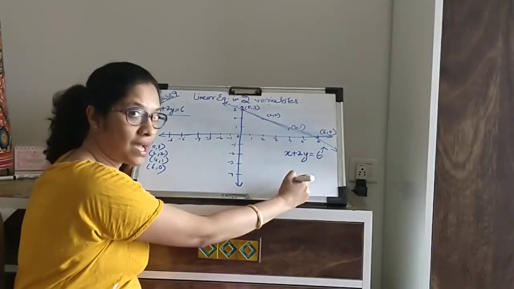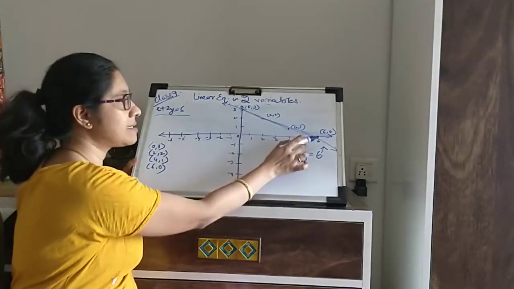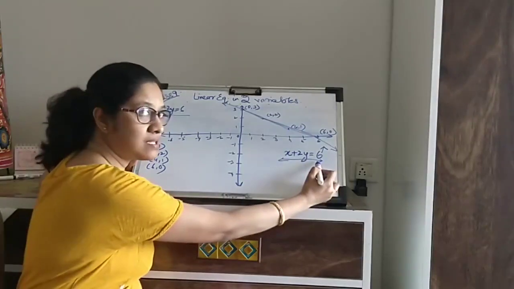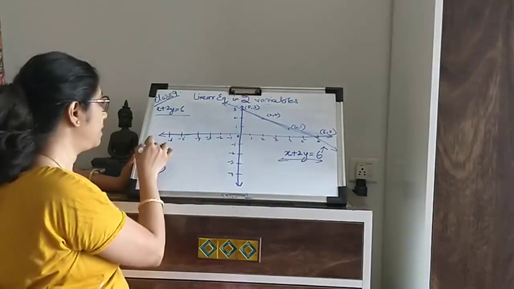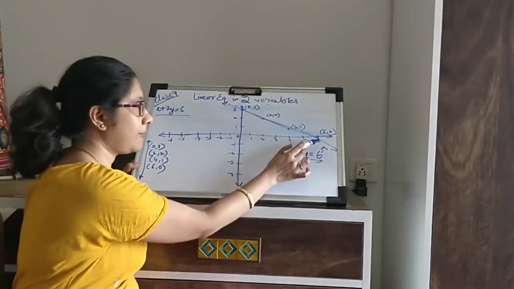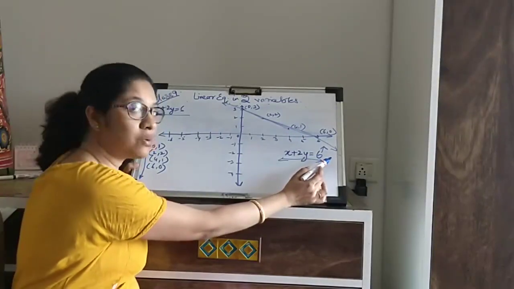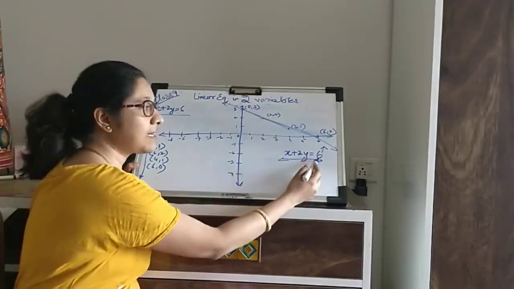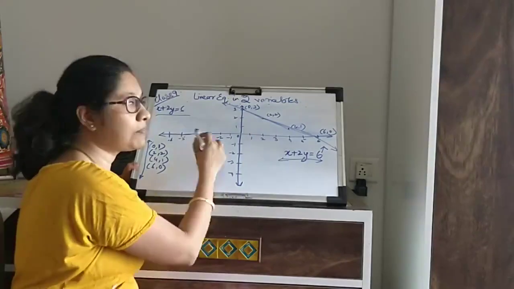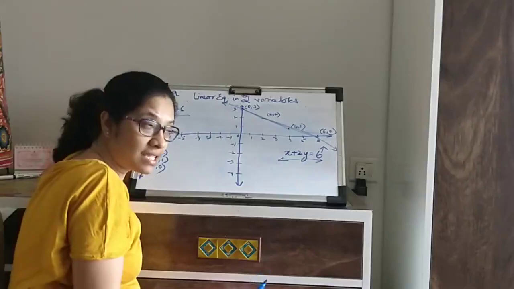Understood? Why do I say so? Because I got 4 points which satisfy the solution, which I already found out here. And all I did, I simply plotted those points on the coordinate plane and joined them to get a straight line. So what do I understand? A linear equation in 2 variables can be represented on a coordinate plane or a Cartesian plane using a straight line.